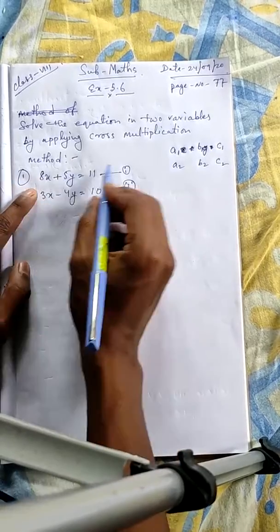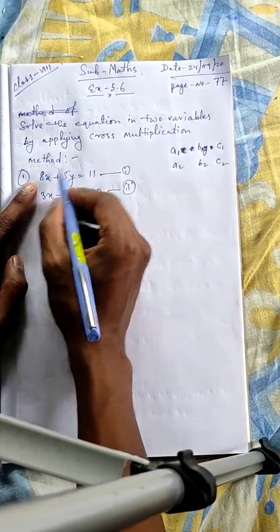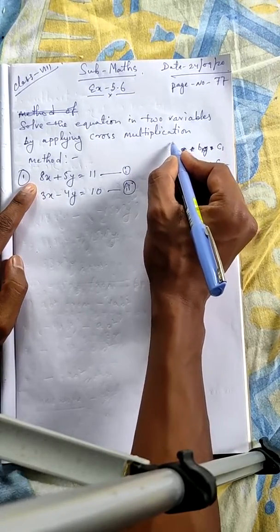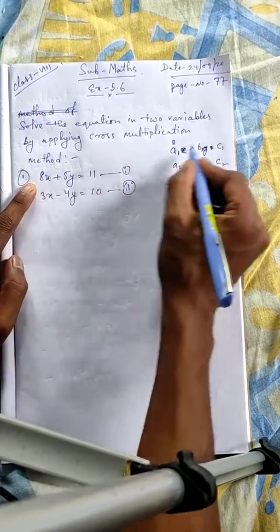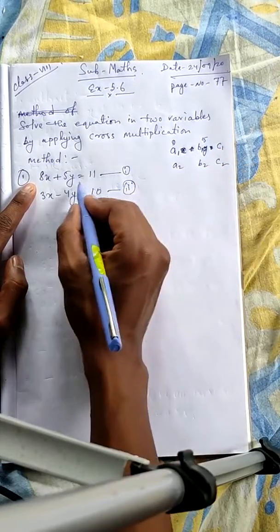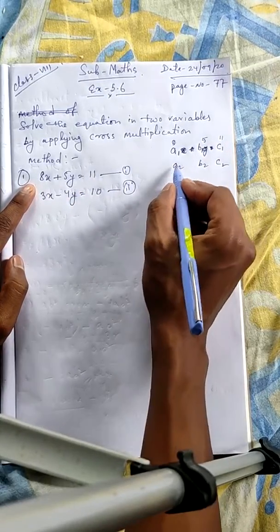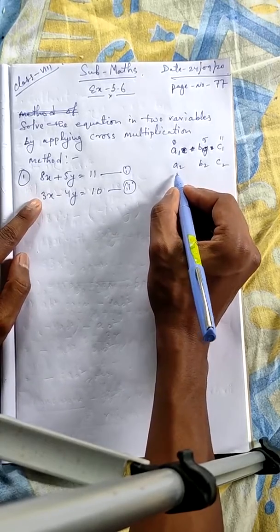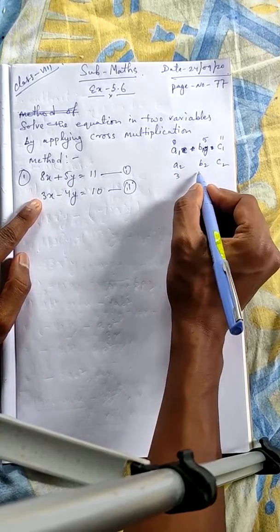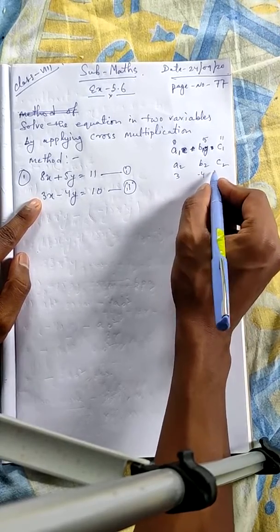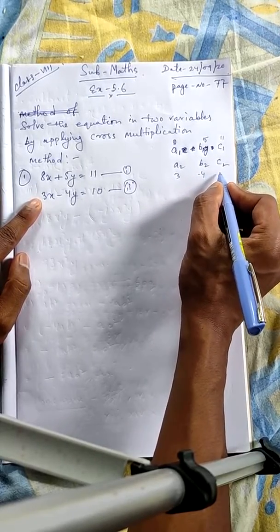Here a1 is 8, b1 is 5 and c1 is 11. Similarly a2 is 3, b2 is minus 4, and c2 is 10.